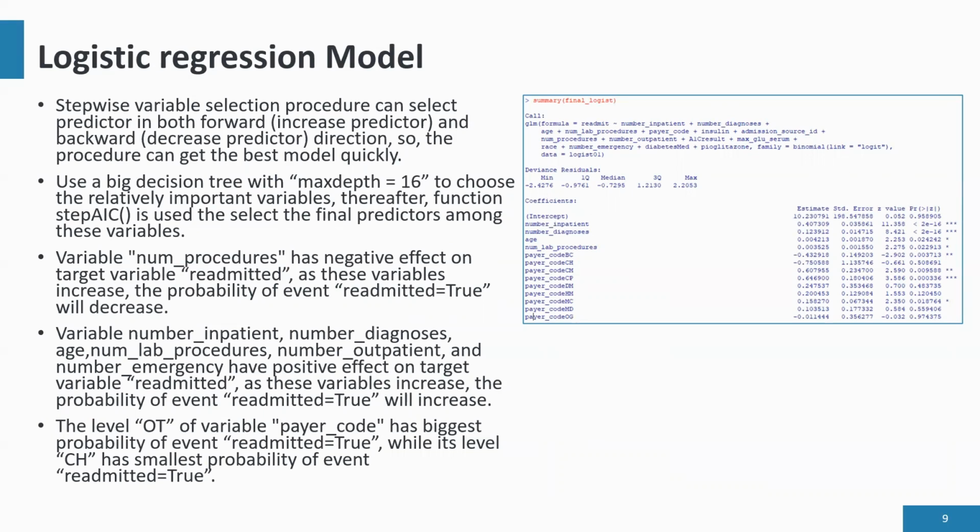Many variables, such as number of inpatient visits, number of diagnoses, age, number of emergency visits, and number of lab procedures, have a positive effect on the target variable readmitted.